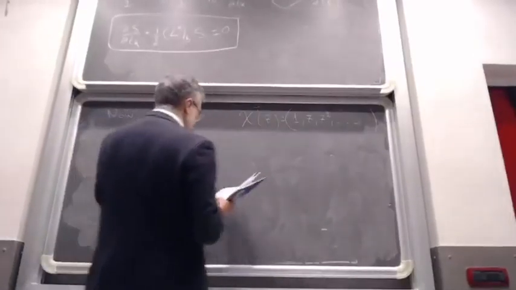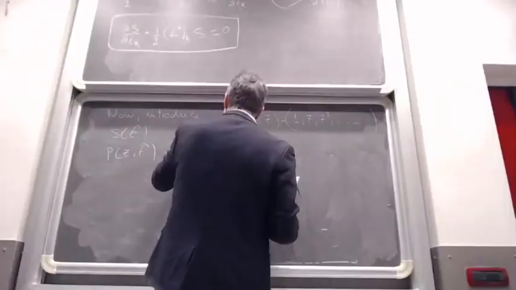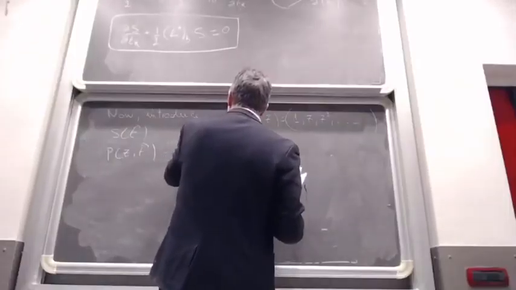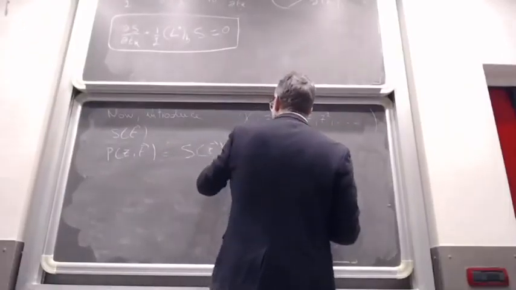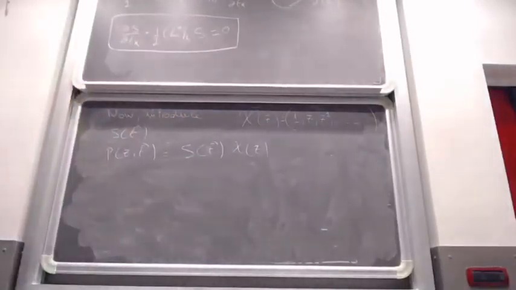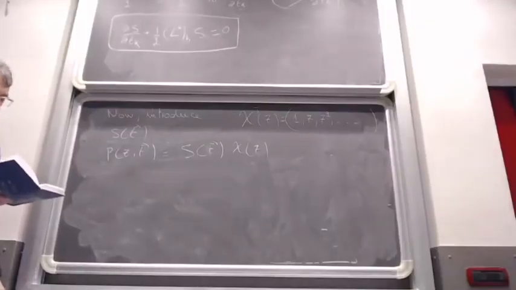I call them P equal to S applied to chi. So we're talking about formal infinite vectors and formal semi-infinite matrices.